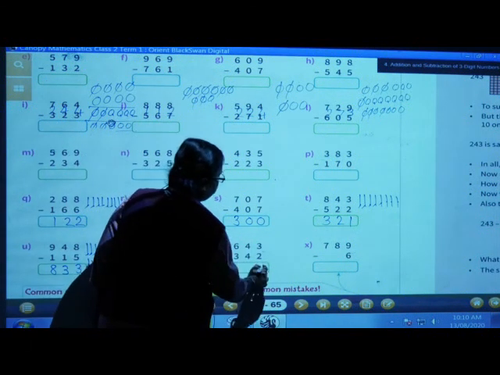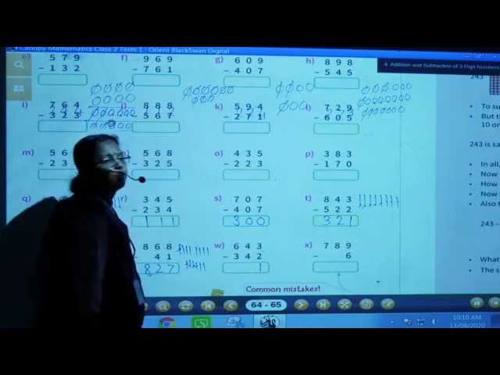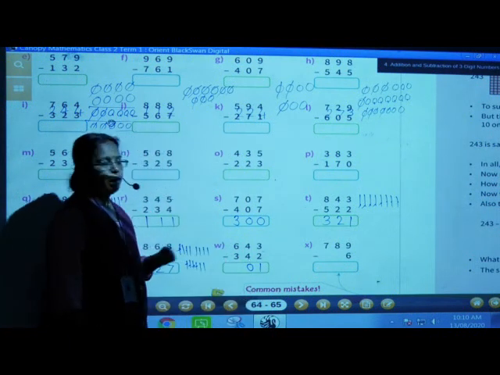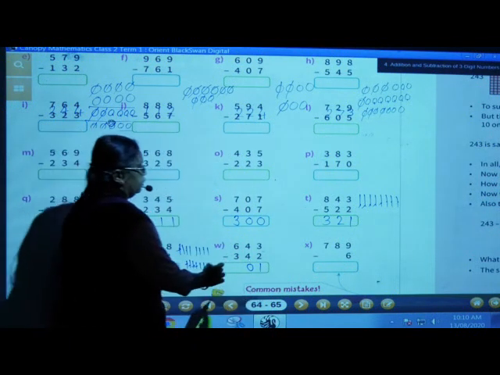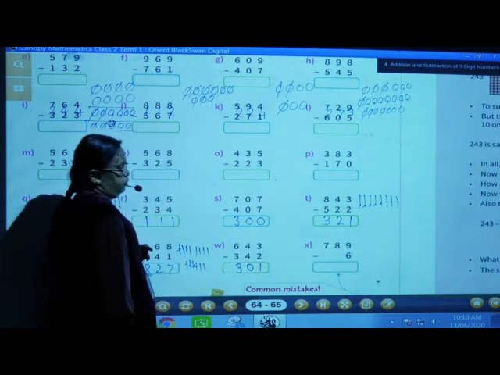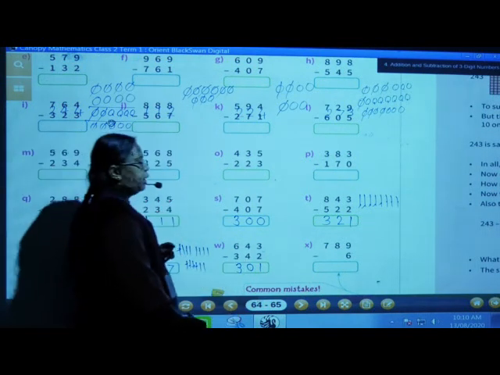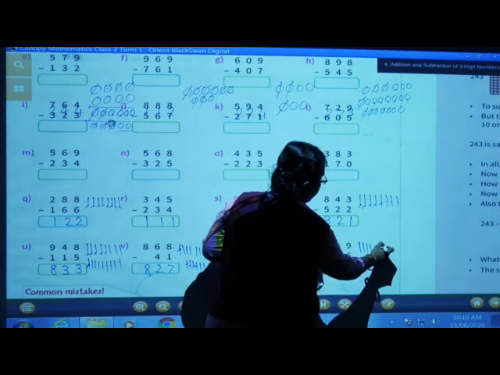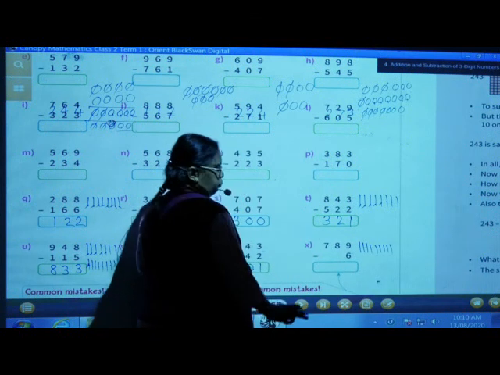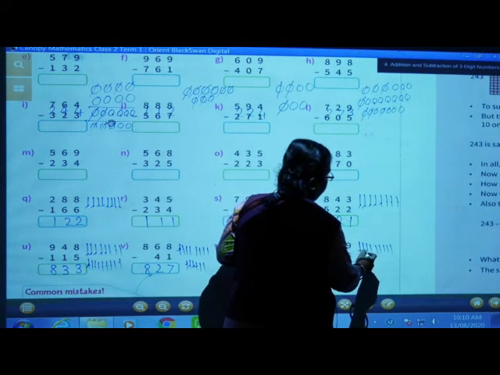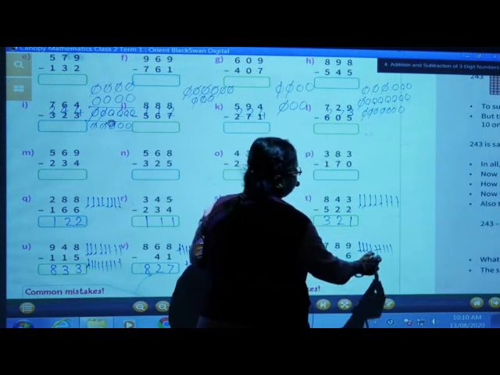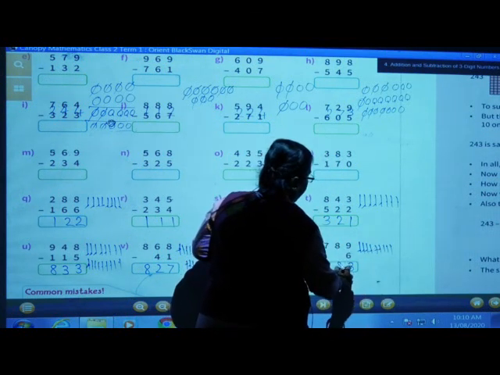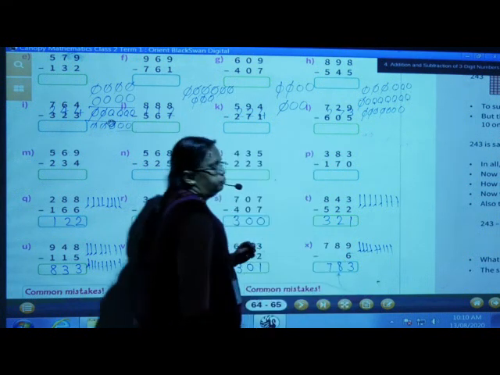Then 3 minus 2, 1. 4 minus 4 is 0. And 6 minus 3 is 3. Then 9 minus 6. 1, 2, 3, 4, 5, 6, 7, 8, 9. 9 minus 6. How many remain? 3. 8 and 7 as it is.